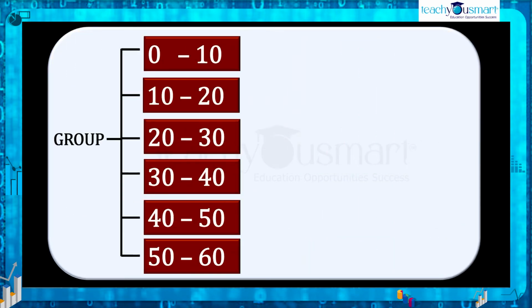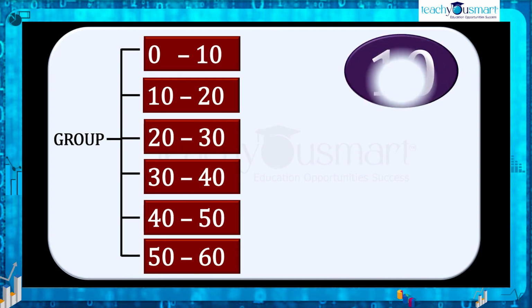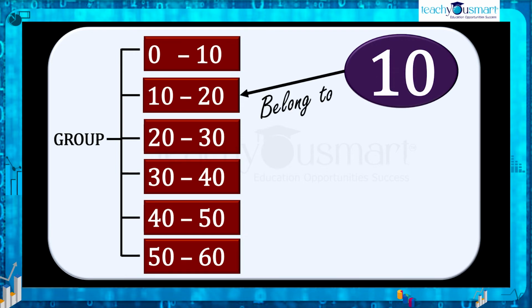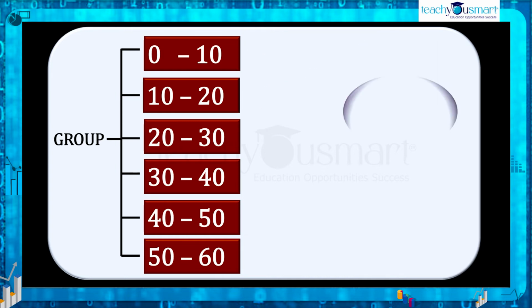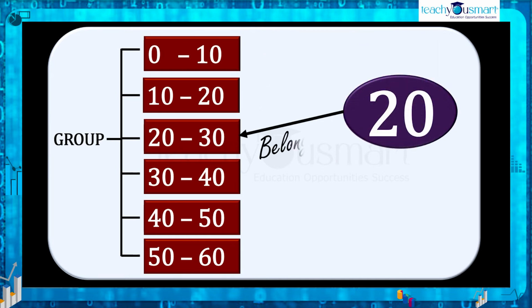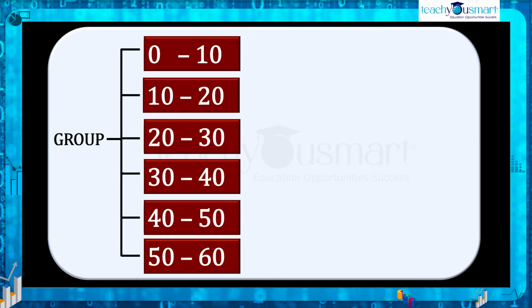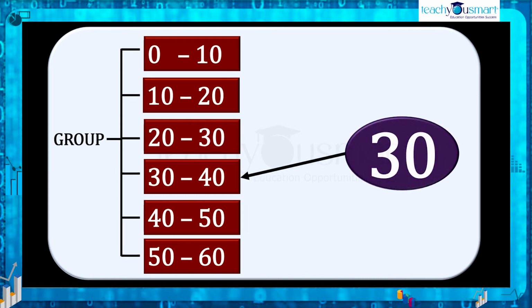The common observation between each class interval belongs to the higher class. Here, 10 will belong to 10 to 20, and not in 0 to 10. 20 will belong to 20 to 30, not in 10 to 20. Similarly, 30 will belong to 30 to 40, and not in 20 to 30, and so on.